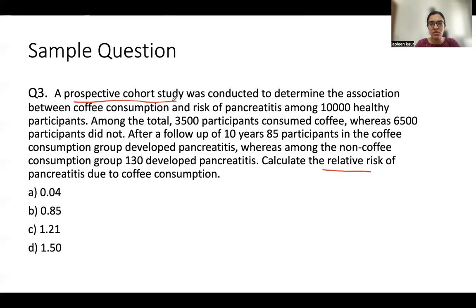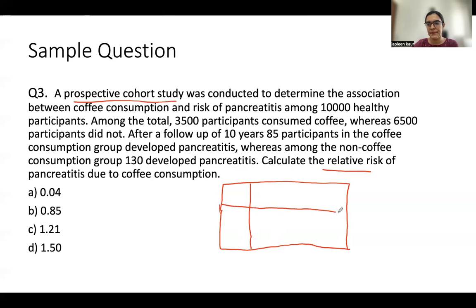The study was conducted to determine the association between coffee consumption and risk of pancreatitis amongst 10,000 healthy participants. 3,500 participants consumed coffee. So basically, the 2 by 2 table that you make, you should remember that your outcomes are in the columns, whereas your exposures are in the rows.